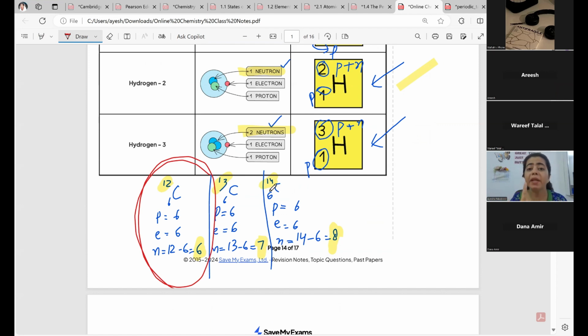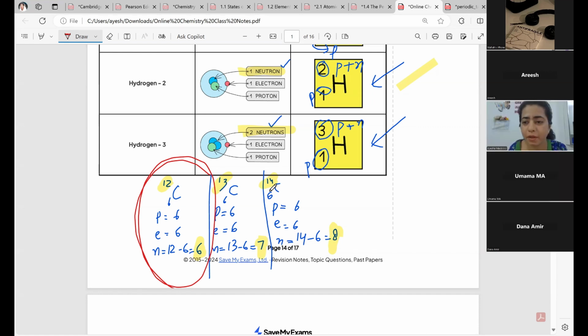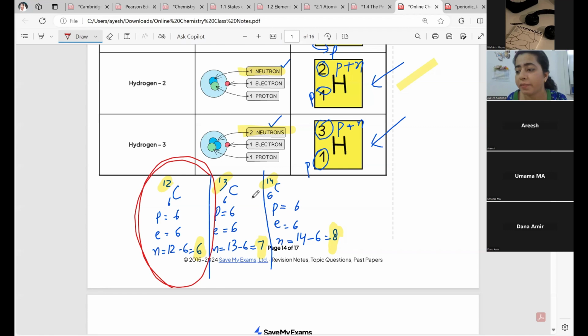When we are comparing all the elements with carbon, we are comparing with the carbon 12 isotope only, not with carbon 13 or carbon 14. Miss, this mass number, 12, 13, 14 that you can see, is the number of protons and neutrons. The thing that I told you is the mass, the weight of the element. 12 is not in decimal, but this is the mass number, which is the proton and neutron number together.